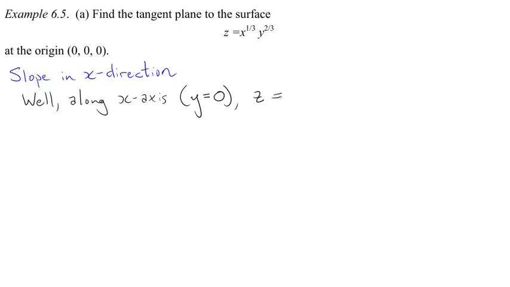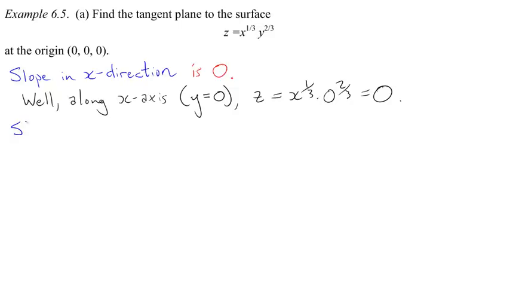The value of z given by the function is simply x to the 1/3 times 0 to the 2/3, which is 0. So along the whole x-axis, z is 0. Okay? So that means the slope in the x direction is 0. Z is not changing along the x-axis, it's always 0.